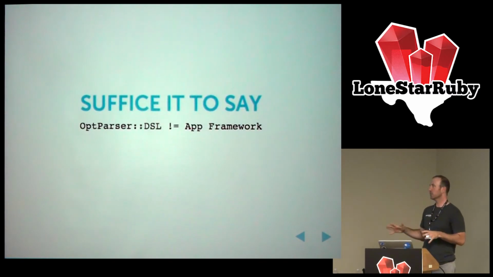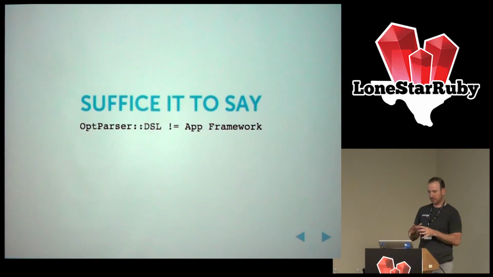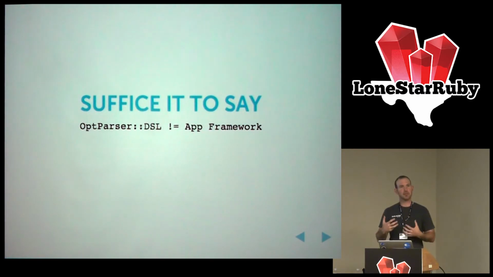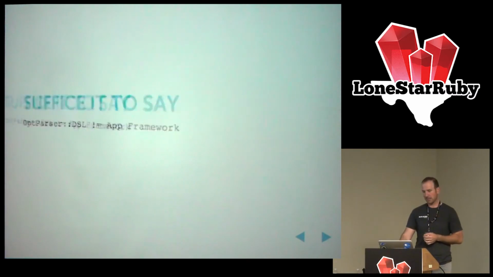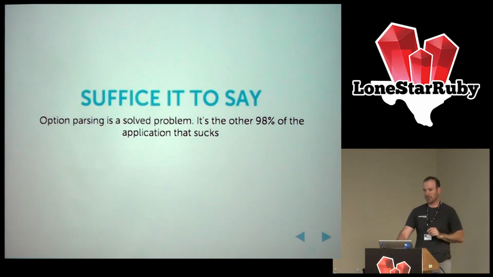But I will leave you with this: an option parsing DSL is not the same as an application framework. It may seem obvious, but this is something that you need to bear in mind when you're evaluating option parsing libraries and things that map arguments to classes and objects.